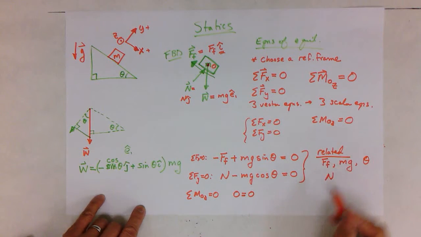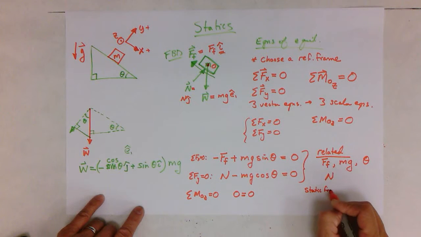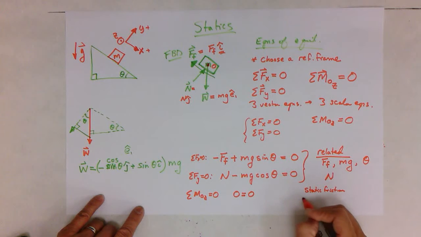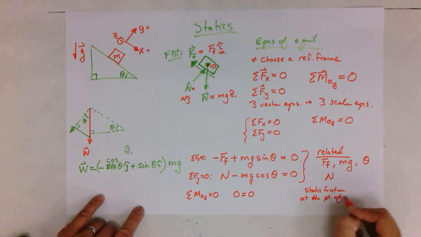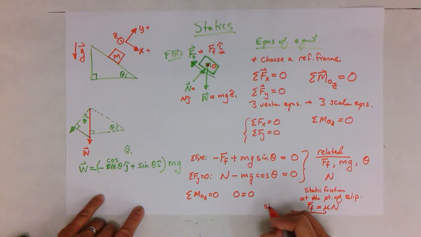If you use a simple and common model for friction, so let's see, it's static friction at the point of slip, you can actually relate the force of friction times, where this is the static coefficient of friction.